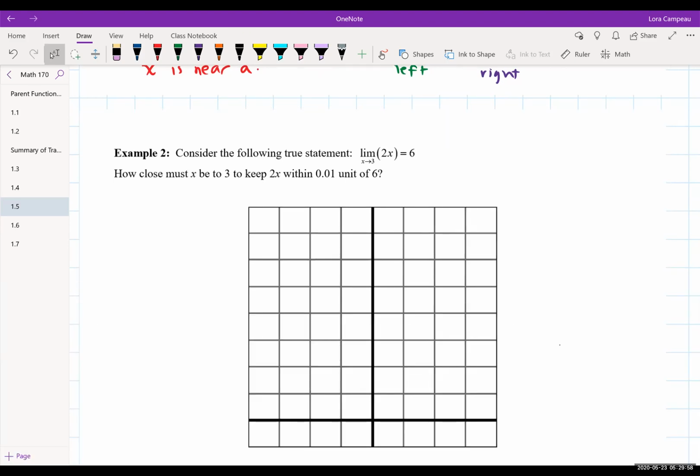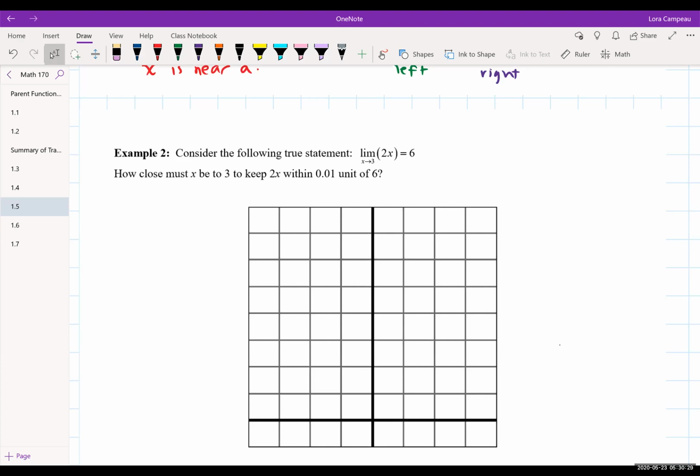So we're going to look at considering the following statement to be true. There we have our limit notation again. And so in English, we're saying the limit of 2x as x approaches 3 is supposed to equal 6. And they want to discover how close must x be to 3 to keep the 2x within 0.01, or 1/100th of a unit, of 6.